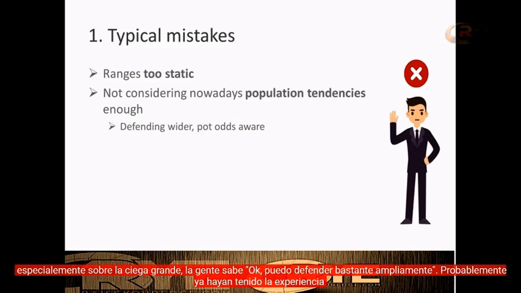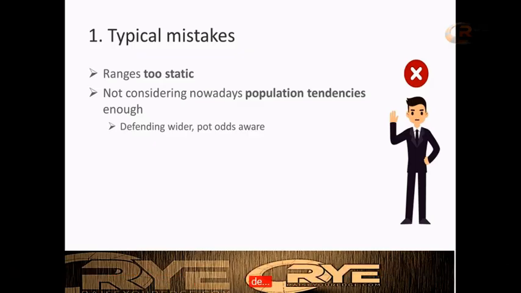You have probably already experienced that your villain is defending their blind or the button or the cutoff way wider than, for example, 2 or 3 years ago. And apparently we have to adapt based on that. 3 years ago, you already made a lot of money by just open raising fairly loose, but this is not really working out anymore today.